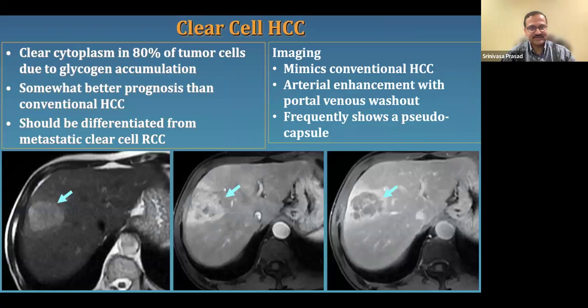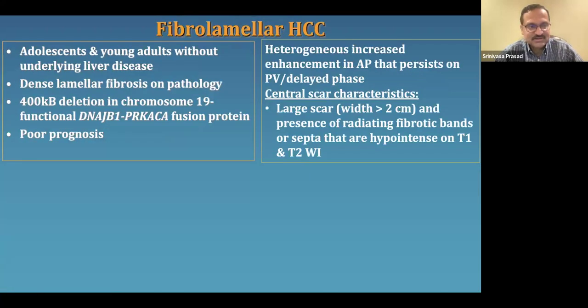And I've shown you other examples of clear cell HCCs, typically with the presence of clear cytoplasm in more than 80% of tumor cells. That is what makes this variant clear cell HCC, based on pathological findings. They typically have microscopic fat that is evident on the in and opposed phase images, and in general tend to have a better prognosis than the conventional HCC.